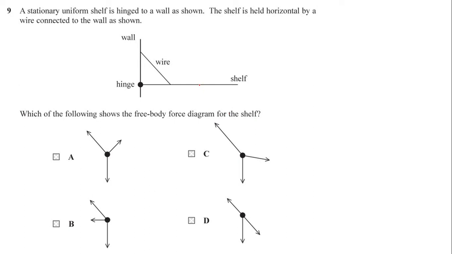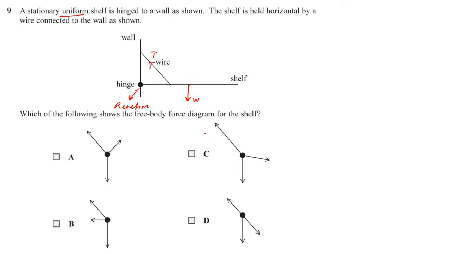This shelf will be experiencing three forces. One is the tension in the wire in this direction, and the other will be the weight. If it is a uniform shelf, it will act at the center, something like that. This is W, and there's another force acting from the hinge. So a reaction force will be acting from the hinge on the shelf.